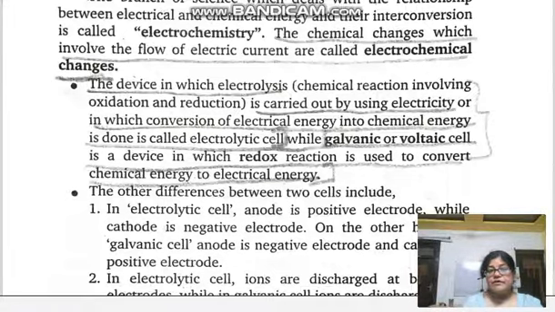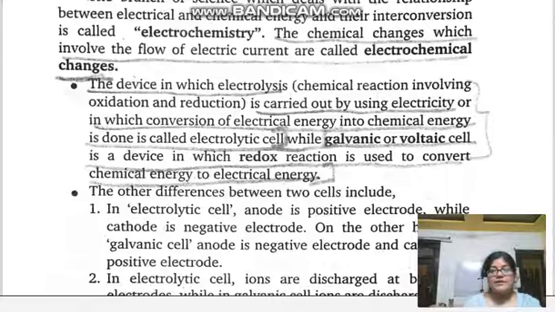It is the vessel or device in which electrolysis is carried out by using electricity, that means there is a conversion of electrical energy into chemical energy. We pass electrical energy and it converts into chemical energy, and that device is termed an electrolytic cell.